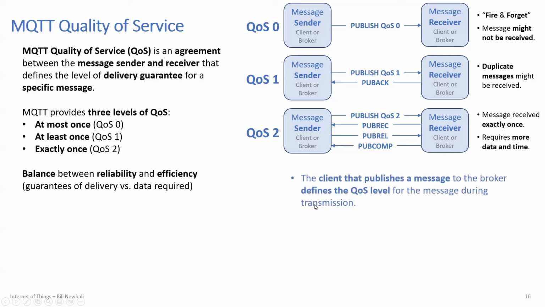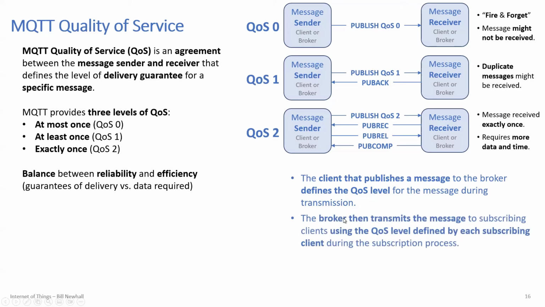Okay, so the client that publishes a message to the broker defines the QoS level. So if you're a client, you publish a message, you define the QoS level for that message during transmission. The broker then transmits the message to a subscribing client using the QoS level defined by each subscribing client, right?